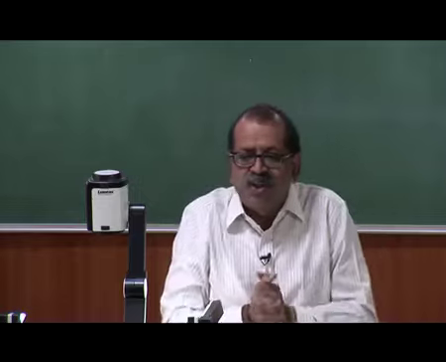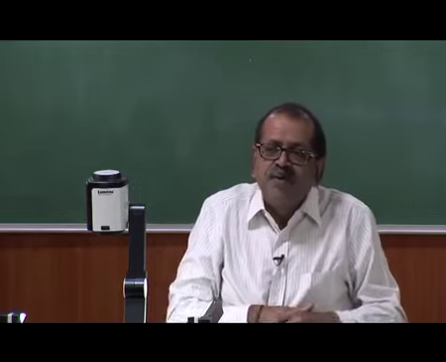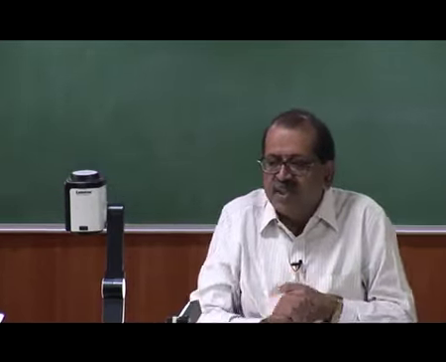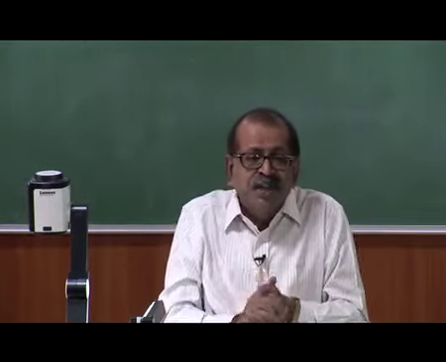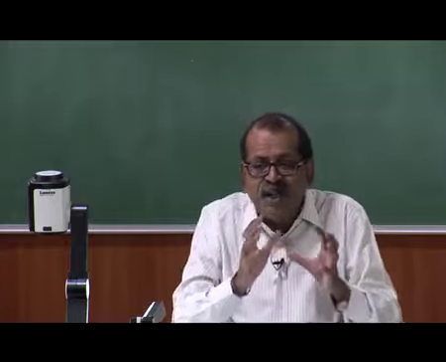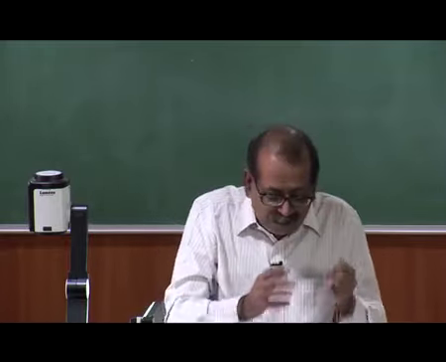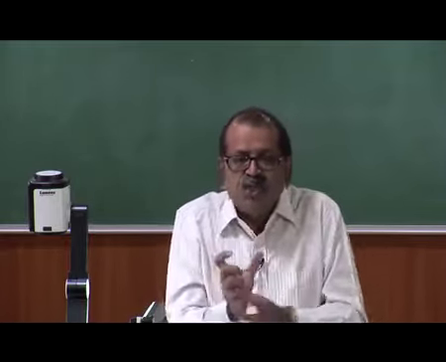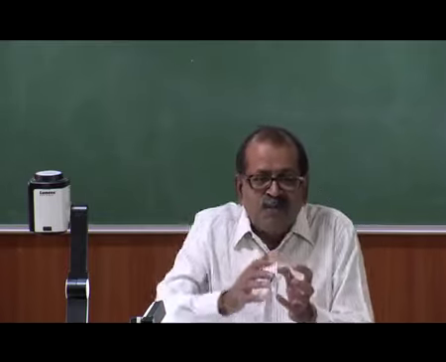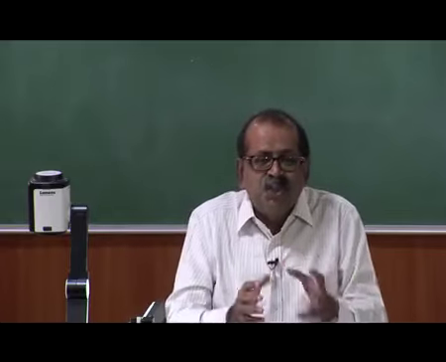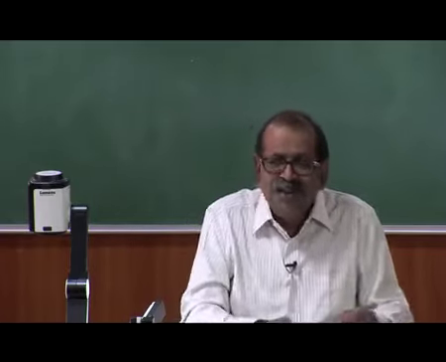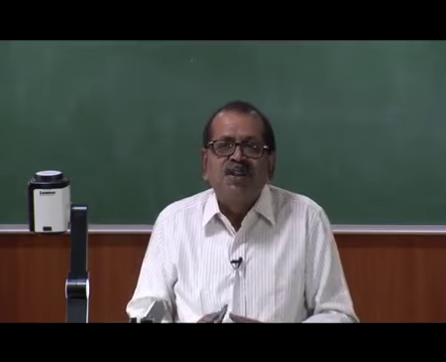G.I. Taylor was a renowned scientist in UK at Cambridge. He was a mathematician, and what Taylor did was, from the pictures of those explosions, how the wavefront was travelling, he was able to estimate the energy of the explosion using what we have done, dimensional analysis.